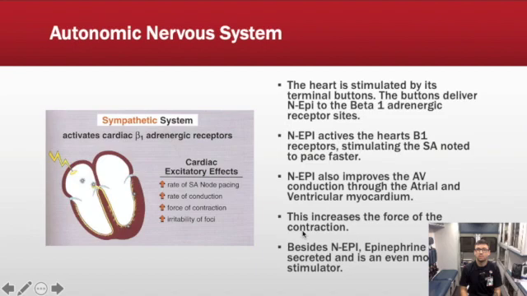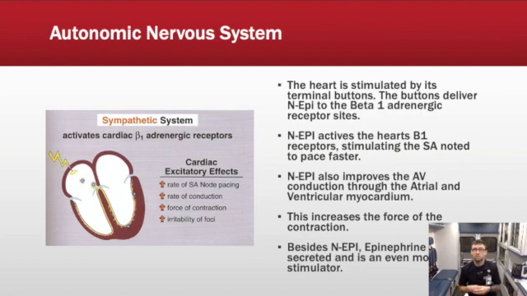The heart is stimulated by its terminal buttons. The buttons deliver norepi to the beta-1 adrenergic receptor sites, and norepi activates the beta-1 receptors, stimulating the SA node to pace faster, right? We see norepinephrine given in a hospital setting, and norepi activates those beta-1 receptors, stimulating the SA node to beat a little bit faster.